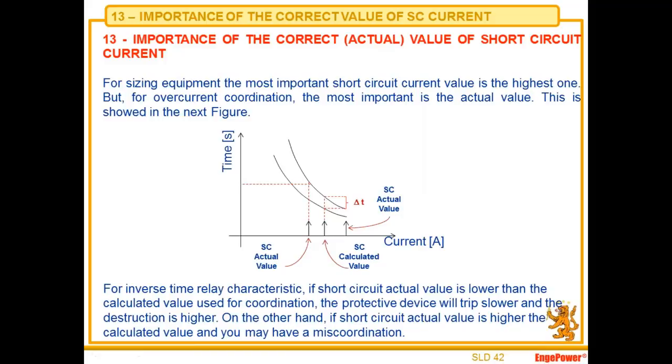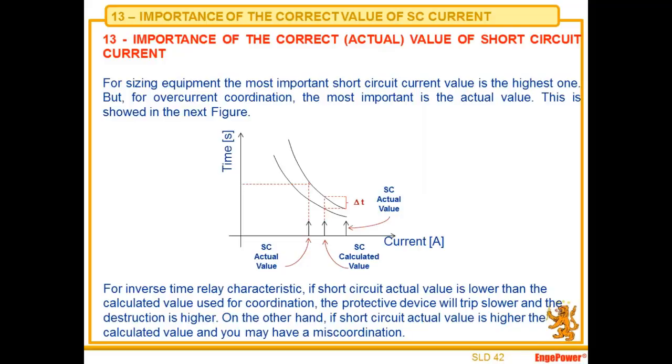One day a short circuit happens and the actual short circuit value is lower than you have calculated. Your device is going to trip slower. And the meaning of that is that you are going to have more destruction, more incident energy, more time to repair, and more loss of production.